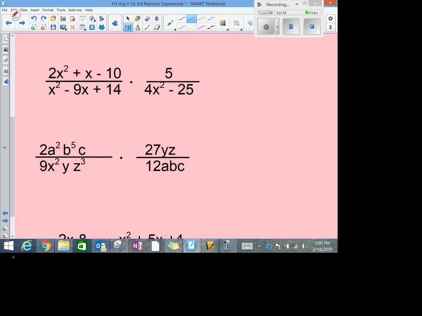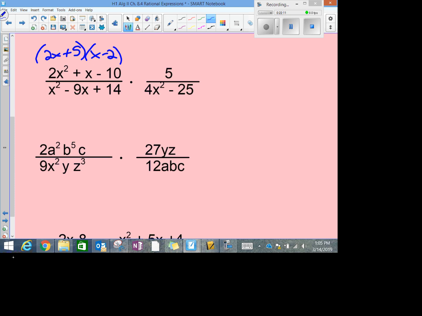Okay, so now this one is the HB method again, but it's the same one we already did. It factors to 2x plus 5 and 2x, x minus 2. We already did that last one. All right, what can we do with x squared minus 9x plus 14?